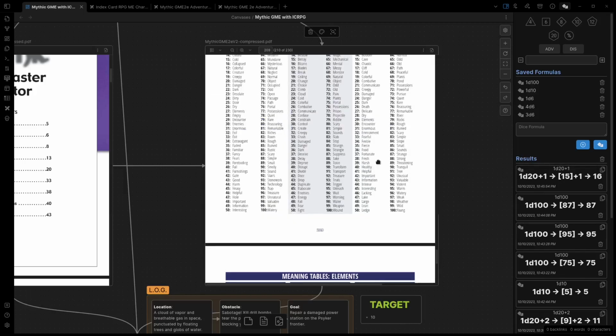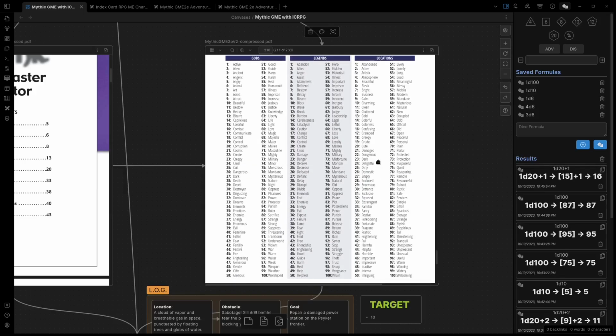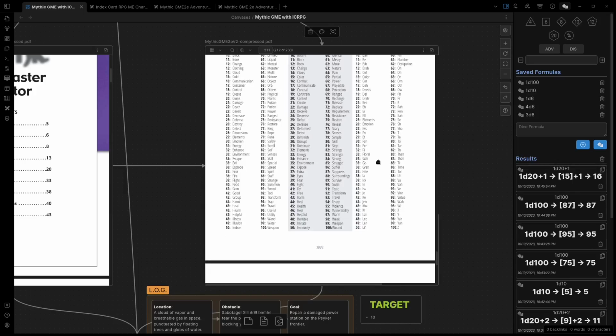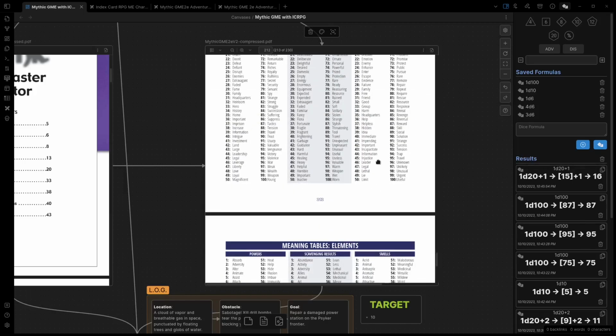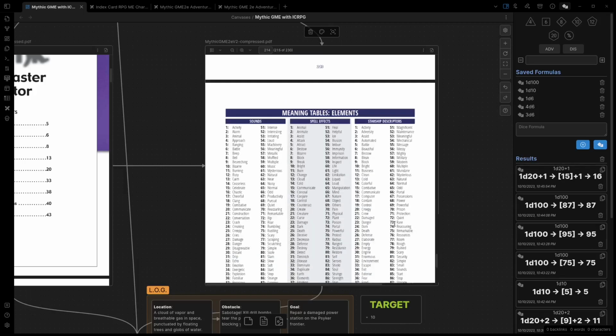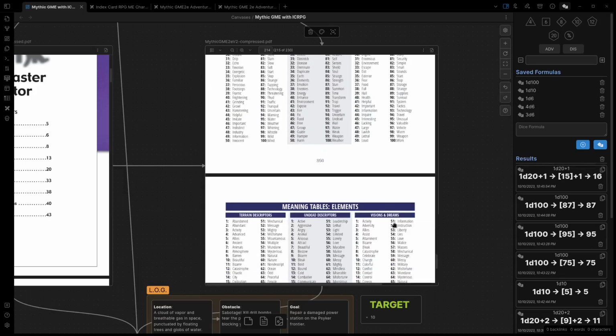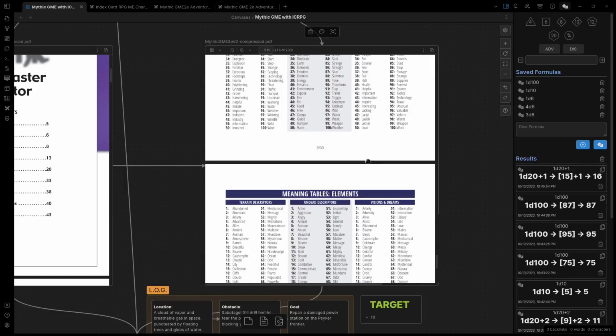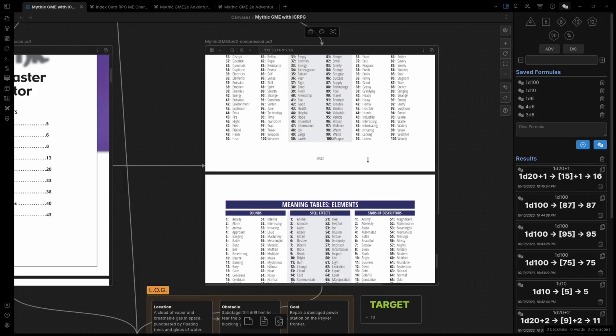Oh, come on, Obsidian. Mutation, name, magic. That's way down there. Why would I go all the way down there? Okay, whatever. It's technically in the back so that we can print it out and stuff.